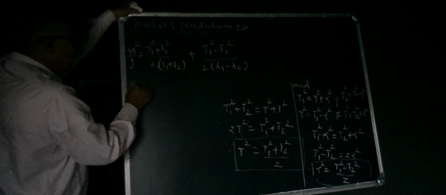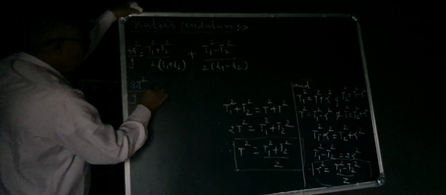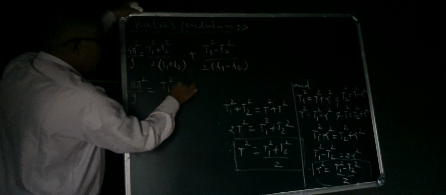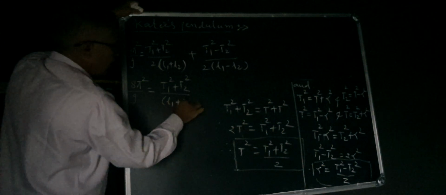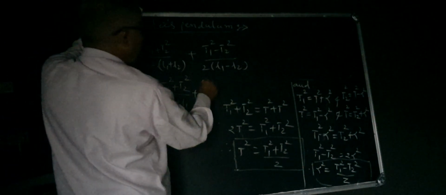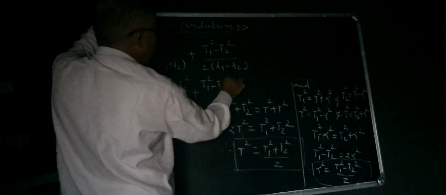Multiplying the equation by 2, we get 8 pi square upon g equals T1 square plus T2 square upon L1 plus L2, plus T1 square minus T2 square upon L1 minus L2.